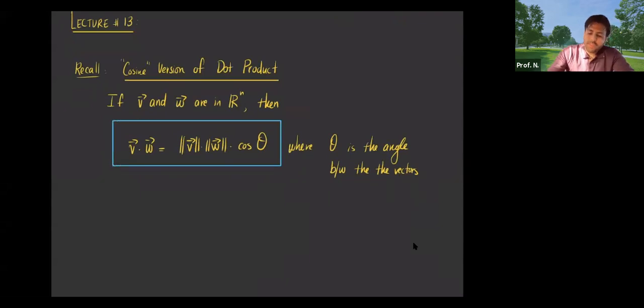And then from this definition, using some algebra, we're able to define cosine in terms of the dot product and the norm of vectors. So think of it this way. We're defining cosine as the dot product of two vectors divided by the norms of the two vectors.